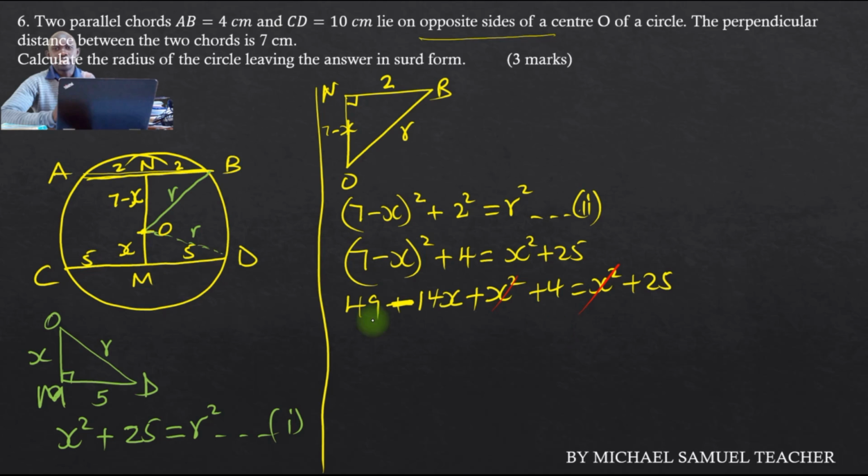Then we shall have minus 14x equals 25 minus 4 minus 49.